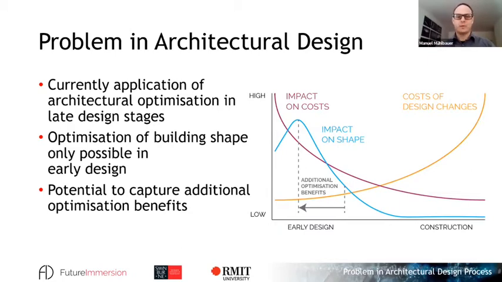And this is what we suggest by proposing this framework for designing the architectural shape interactively in an evolutionary system, because early in the design process, the shape can be changed easily without generating excessive cost.